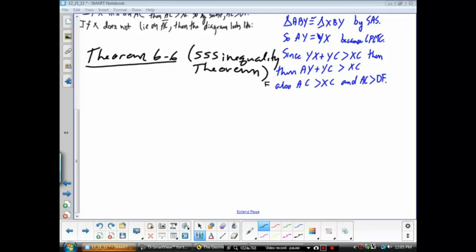So, theorem 6.6 says, if two sides of one triangle are congruent to two sides of another triangle, but the third side in the first triangle is longer than the third side in the second triangle, then the angle opposite the longer side will be greater.